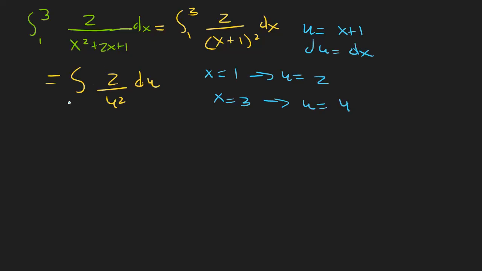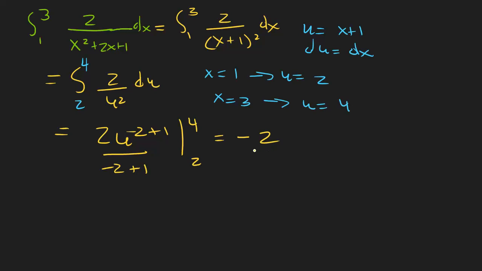But how do I solve this? This becomes 2u to the negative 2 plus 1 divided by negative 2 plus 1, from 2 to 4. That gives me negative 2 over u from 2 to 4, and then evaluating this using the fundamental theorem of calculus, you take f of b minus f of a.